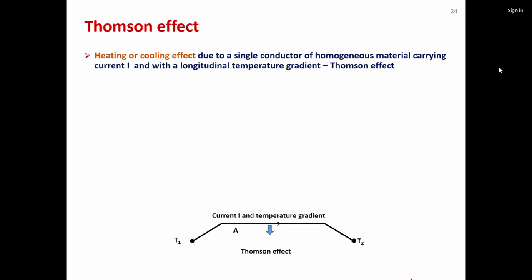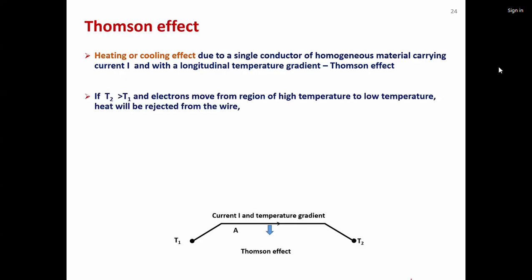So you have a current-carrying conductor with the ends at different temperatures, and the wire itself is getting heated or cooled. If T2 is greater than T1, the current direction is from high to low temperature, so the electrons are moving in the opposite direction, essentially from the region of low temperature to high temperature.